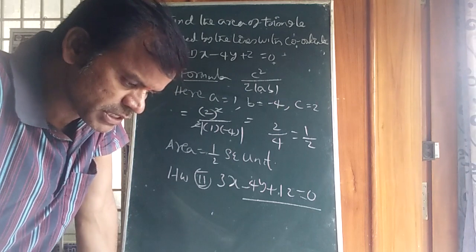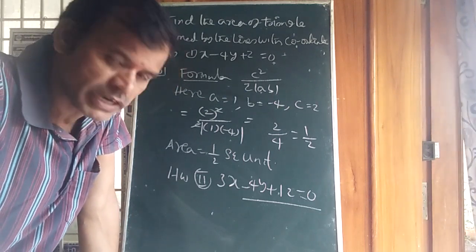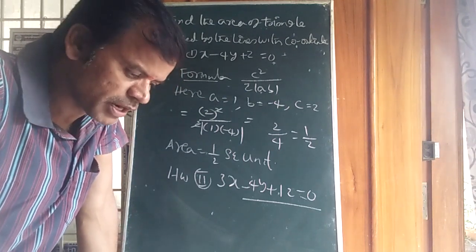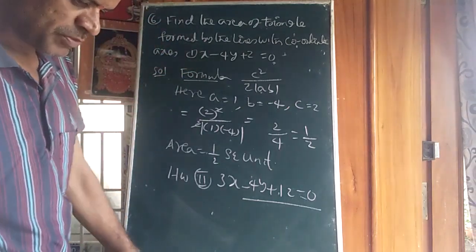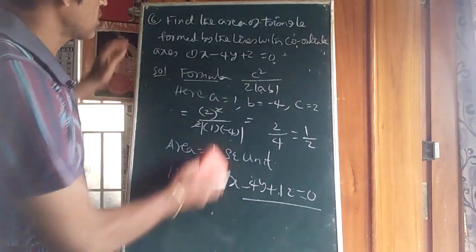Now, before going to discuss Roman number 2, first question, let us create the formula. According to the theorem, I will handle the formula. Later, we can do the sums. Equation of straight line, write the theorem.